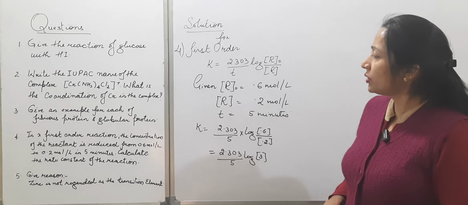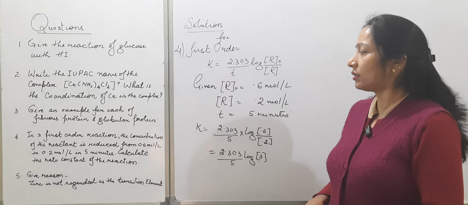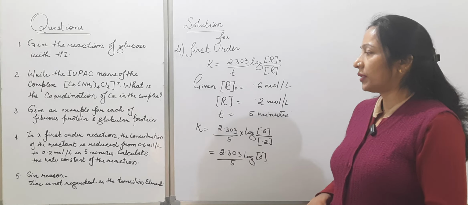Then come to the next question, that is give reason. Zinc is not regarded as a transition element. This question is from the d and f block elements, and zinc is from the first transition series. It says it is not considered a transition element, though it is a d block element.